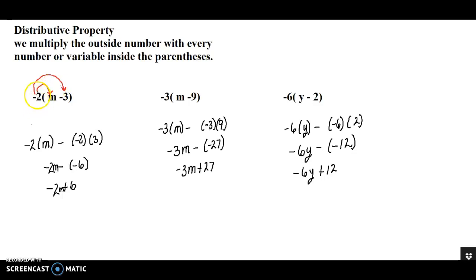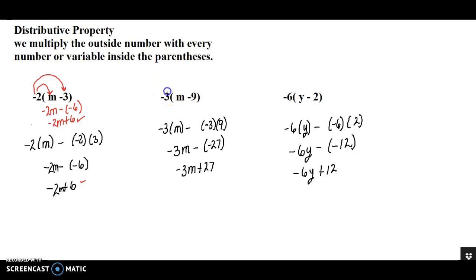Negative 2 times m, negative 2m. Negative 2 times 3 is minus a negative 6. And minus a negative 6 is the same thing as a negative 2m plus 6. So same answer, just a different way of doing it.